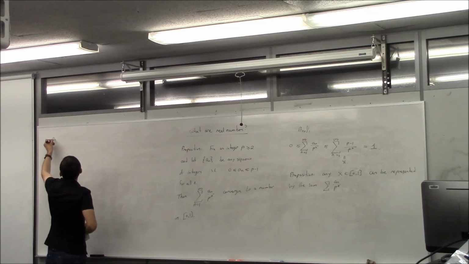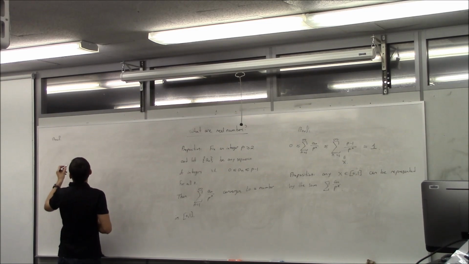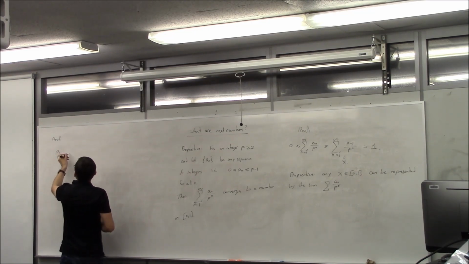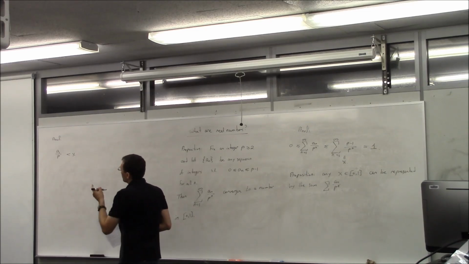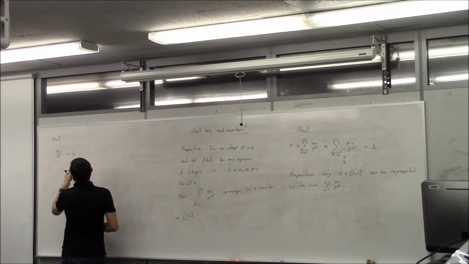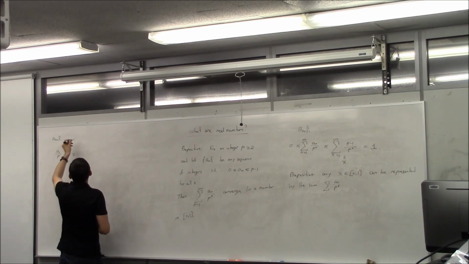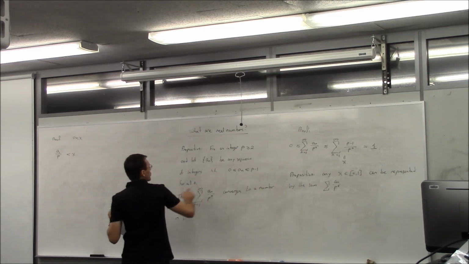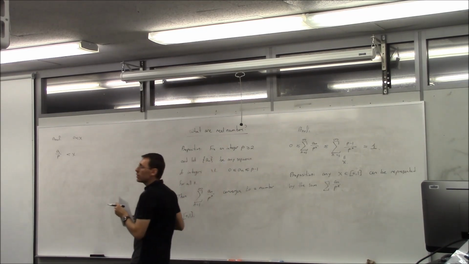So here is a proof. You start with a1 divided by p, such that the product here is less than x. Basically we can assume that x is bigger than 0, because to create 0 you just set all the an's equal to 0.